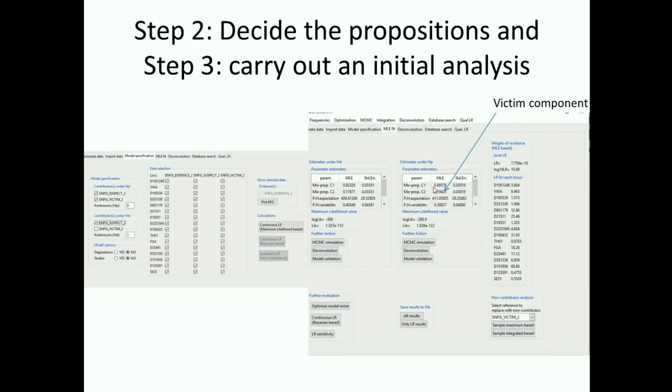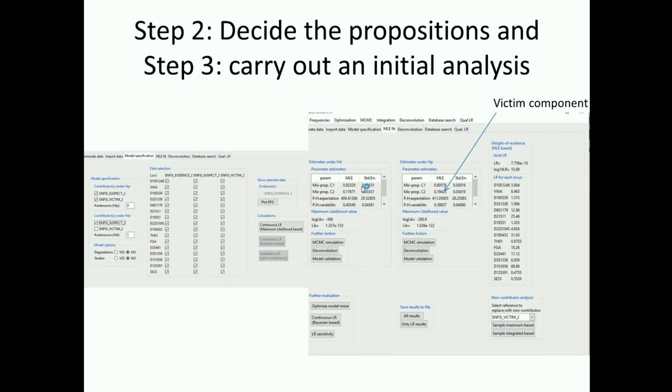So over here under the prosecution hypothesis we have the two contributors. We've got the suspect and the victim respectively, so we've got about 80% of suspect DNA and the remainder belongs to the victim under the prosecution hypothesis.